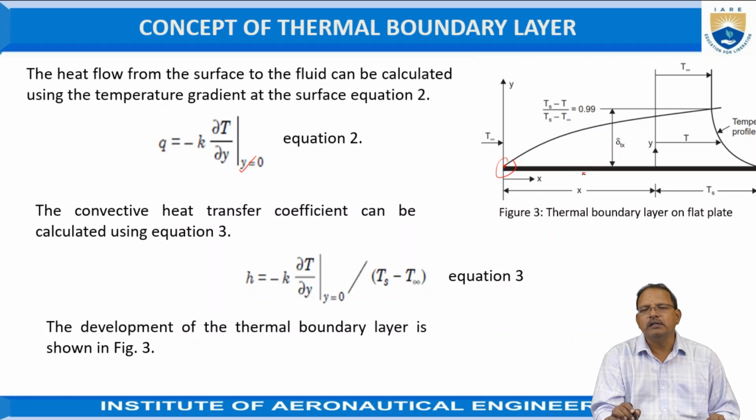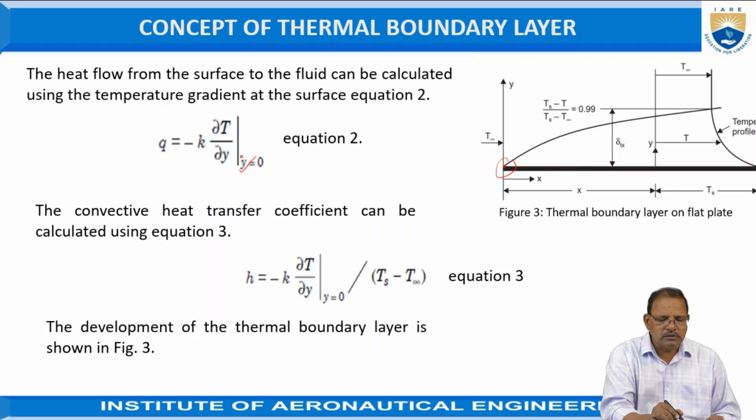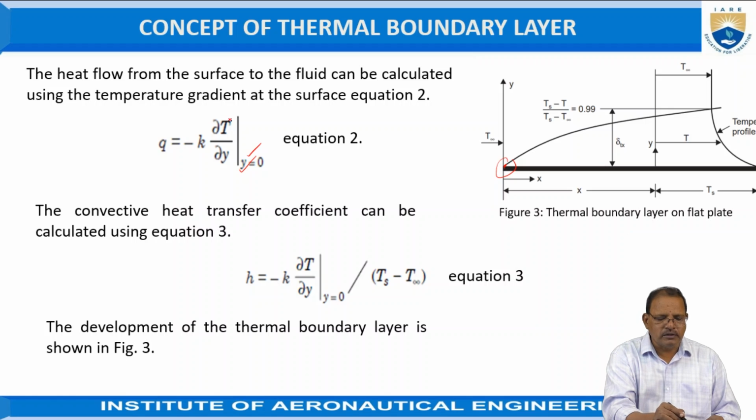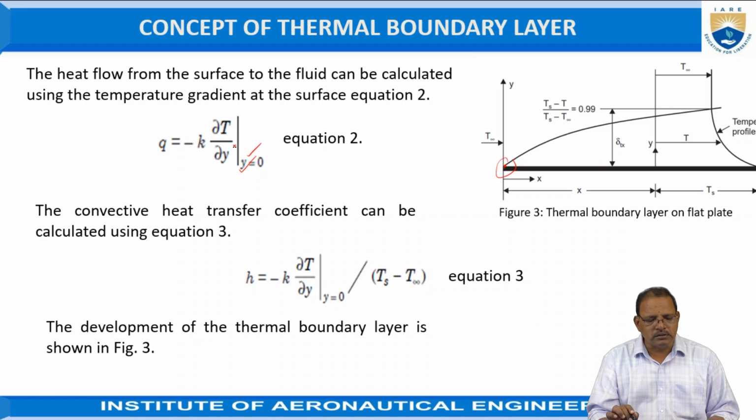Y represents the distance of the layer of the fluid with respect to the surface of the plate, so at the intersection y is equal to 0. Here the heat is transferred by only the conduction process, where K is the thermal conductivity of the material, and dT is the temperature difference over a distance dy. That is dT by dy, the gradient at y is equal to 0.